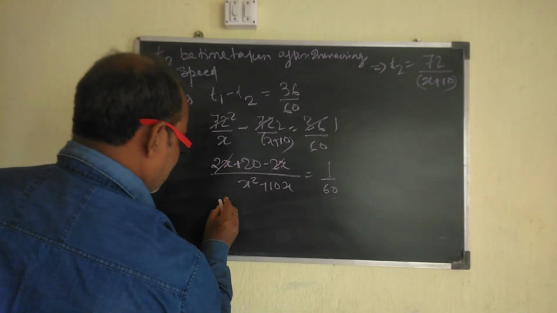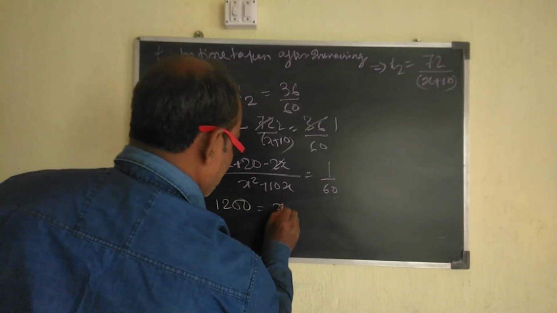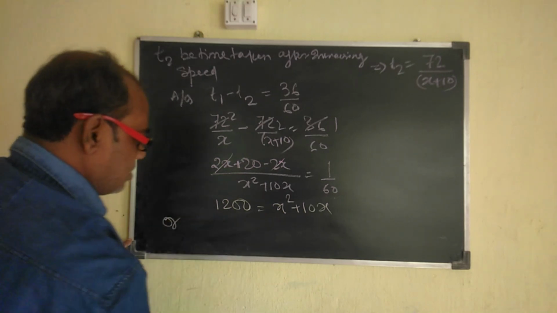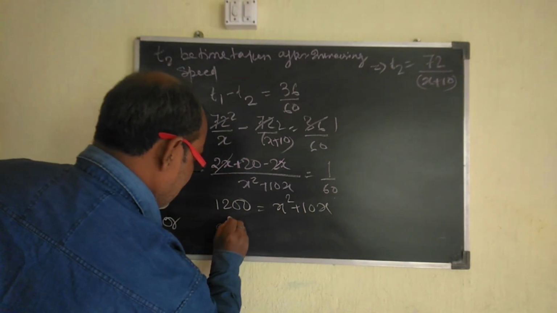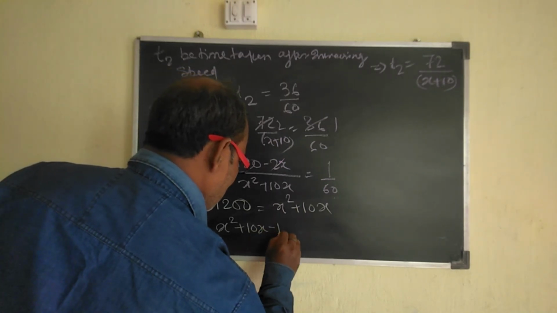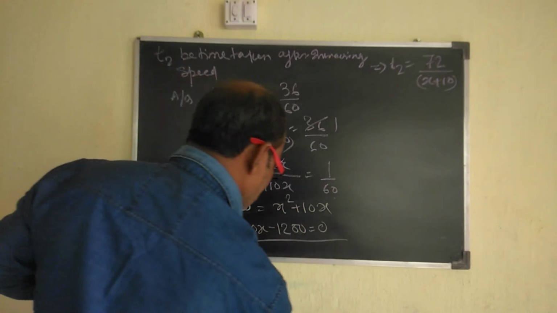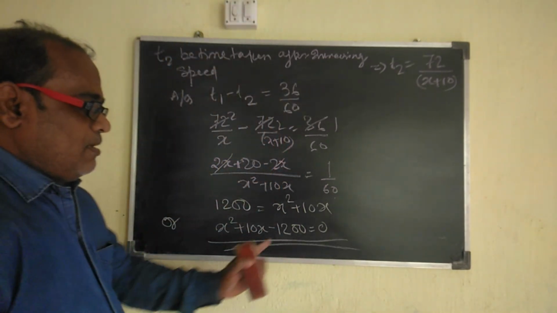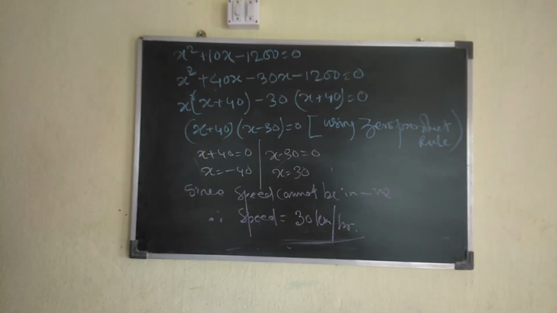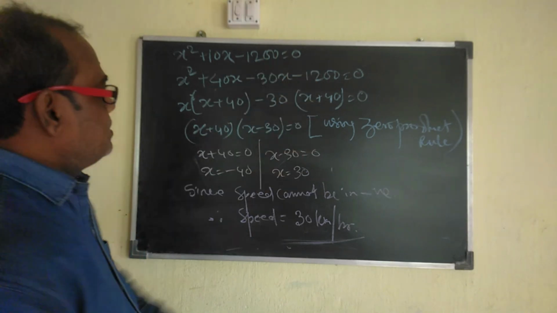Bring it out here, that is 1200 is equal to x square plus 10x, or x square plus 10x minus 1200 equals 0. Now we have to solve this equation for x. So we got the equation x square plus 10x minus 1200 is equal to 0.